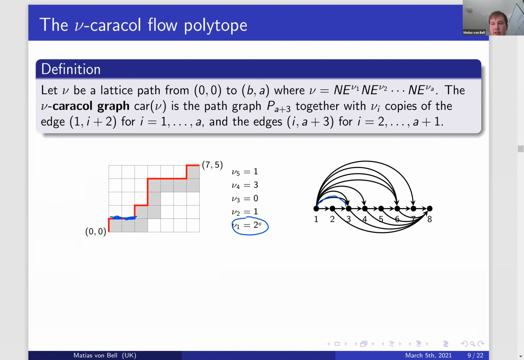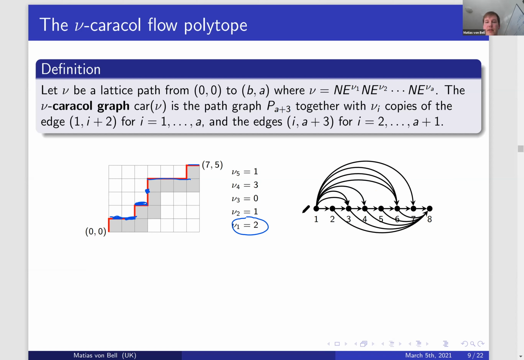And so we add 2 edges right here from 1 to 3. And then there's a single E step, so that gives us the single edge here from 1 to 4. And then there are no E steps starting at the base of this north step, so we don't have anything here to 5. And then we have 3 and then 1, and so we end up with 3 edges here and 1 here.